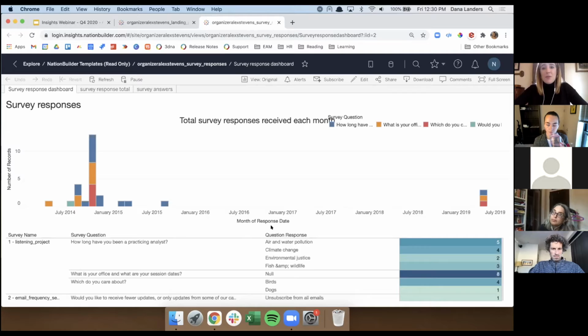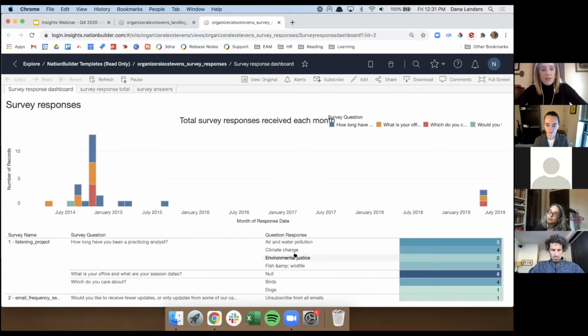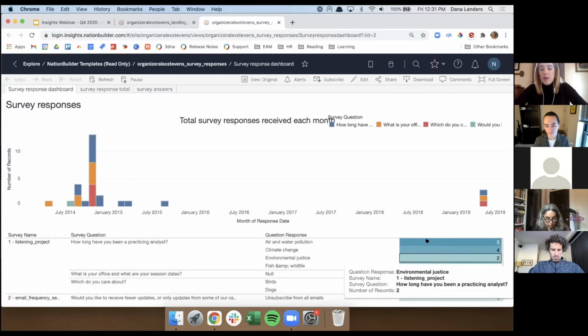You can see right here that this is categorizing survey responses by the date that they were received, and then it's color coded by the actual answer or the question that the person answered. And at the bottom, you can see a better breakdown of the survey name, your survey questions, your possible responses, and how many people answered each with this heat map.